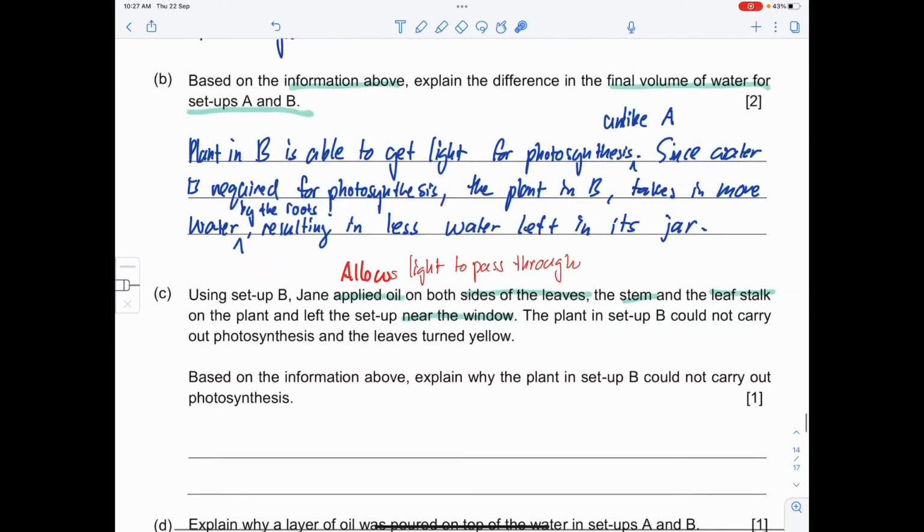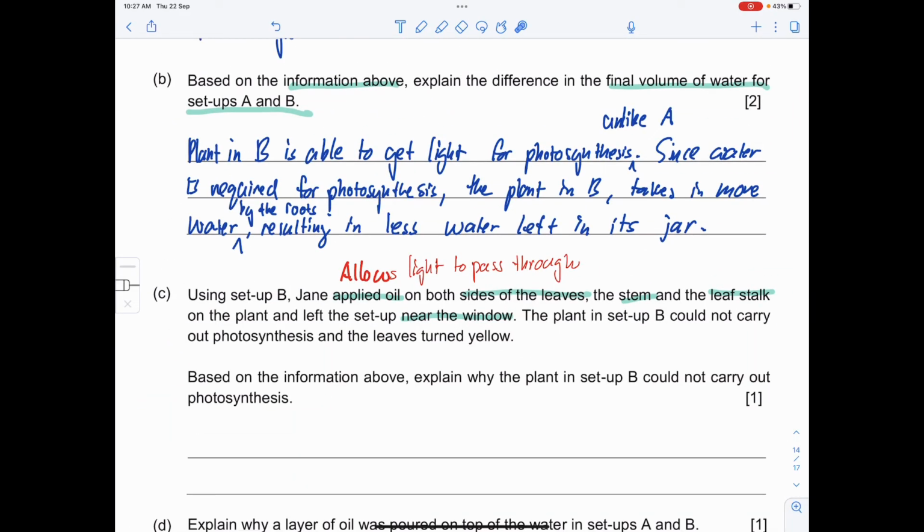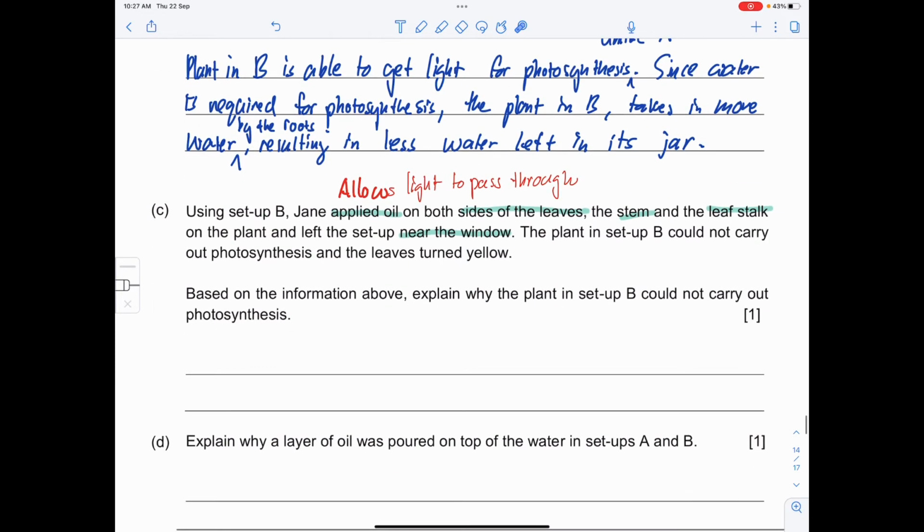So in here, you may have your light, but you may not have the rest of the items that you need. So the plant in setup B could not carry out photosynthesis and the leaves turned yellow. In fact, they were very nice to tell you that they could not carry out photosynthesis. You need to assume that they may not.